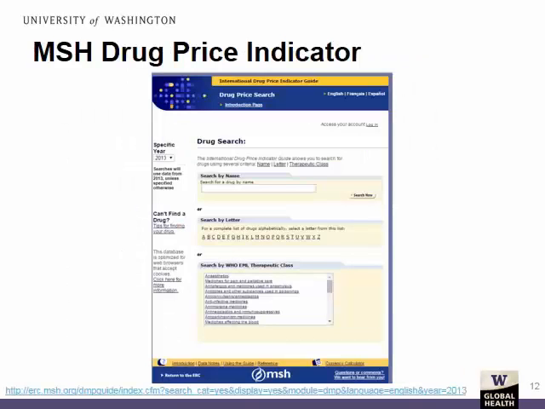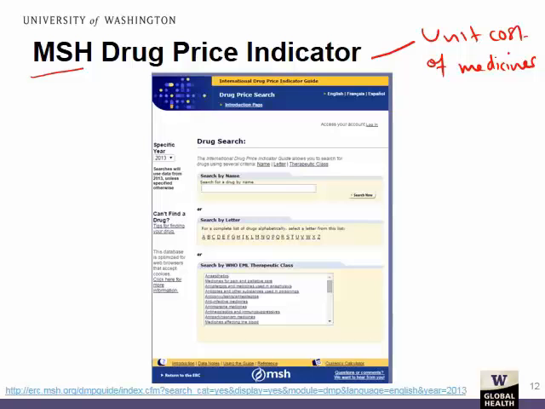I also wanted to give an example of a unit cost of drugs, unit cost of medicines database. And this is the MSH Drug Price Indicator. MSH is Management Sciences for Health.